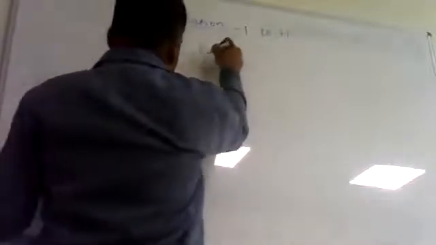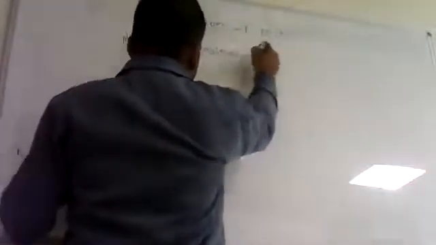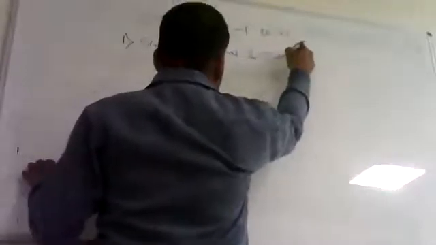Then let us go to the second type of correlation. Simple, partial, multiple correlation. Simple correlation, partial correlation, and multiple correlation.